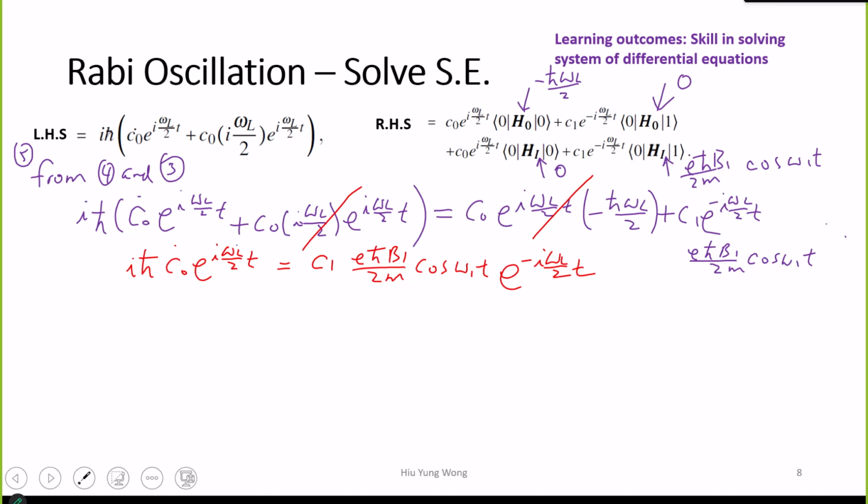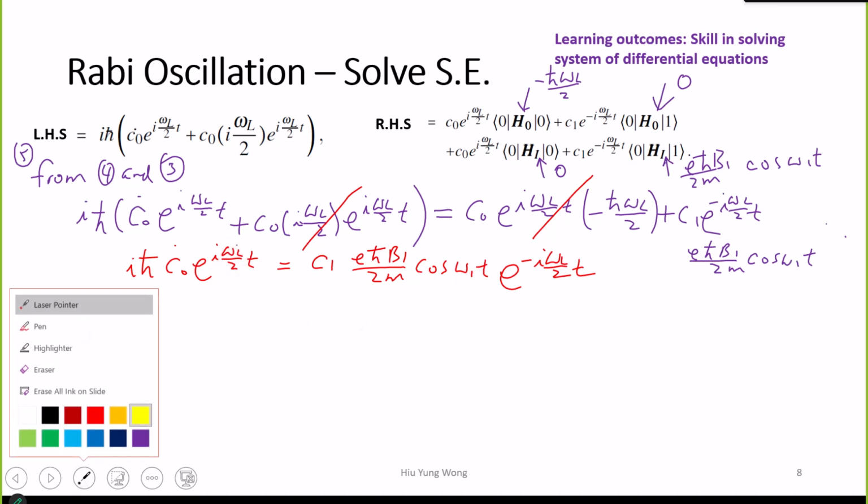What I'm going to do is move this i h bar omega, or do I keep i h bar on the left? Okay, I'm going to keep i on the left and then move this e term to the other side, right? So what do I get?